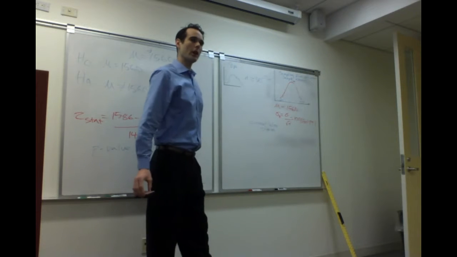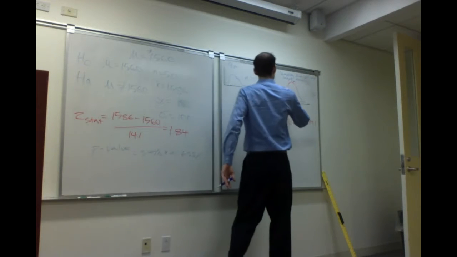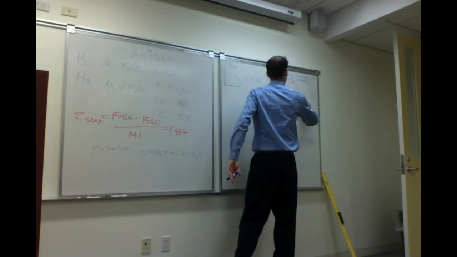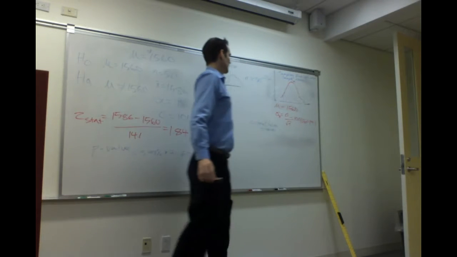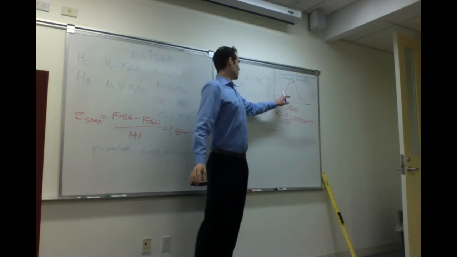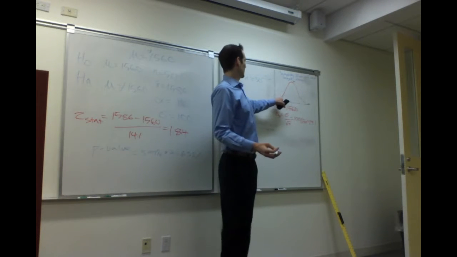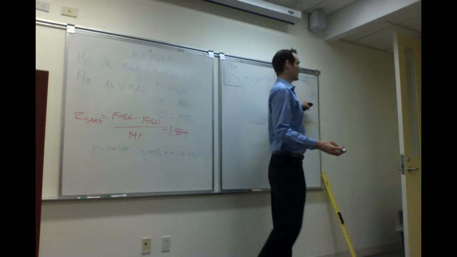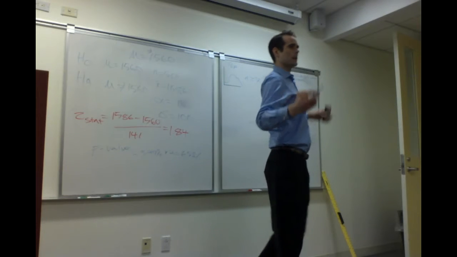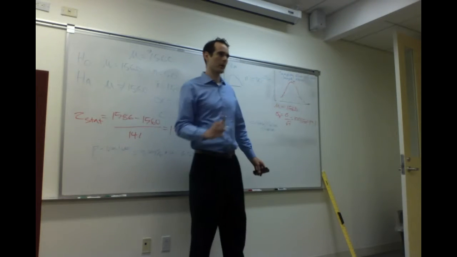We're going to need to look on the Z table, and we're going to need to find a certain amount of the data on the extreme edges. Now, what percentage of the data is going to be on the extreme low? What percentage of data is going to be on the extreme high in this iteration of our hypothesis test?